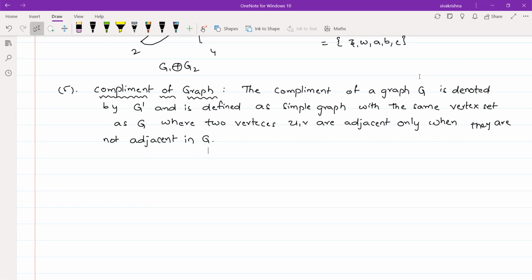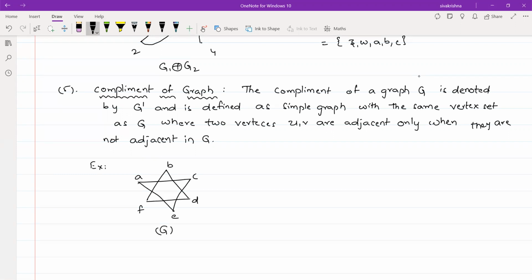For example, I am drawing the graph G as this, and I am naming the vertices: this is A, this is B, this is C, this is D, this is E, and this is F.